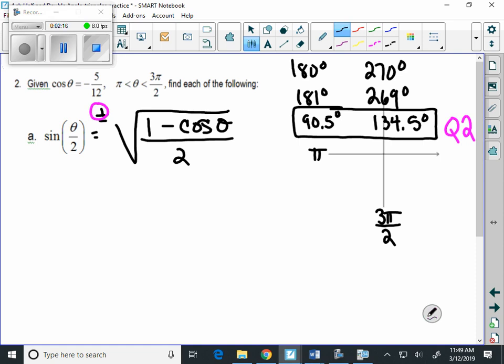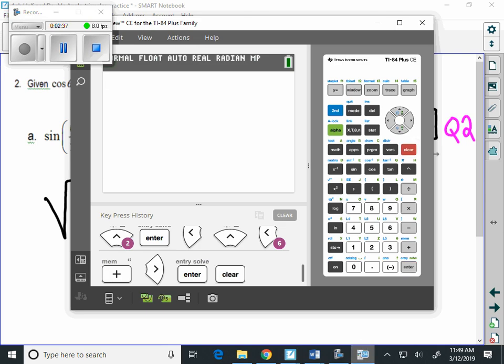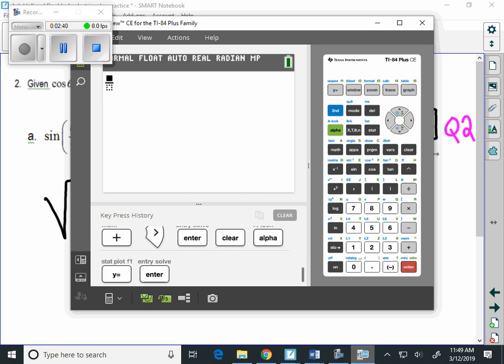And now we're going to go back and fill in our values. So what we have is 1 minus cosine. Well, cosine is negative 5/12. It was given to us in the problem. Divided by 2. We're going to pull out our calculator and type in that value. Alpha y equals to get to your fraction button, and it's going to be 1 minus negative 5/12, and I'm going to go back and delete that for a minute because I want to put it in fraction form.